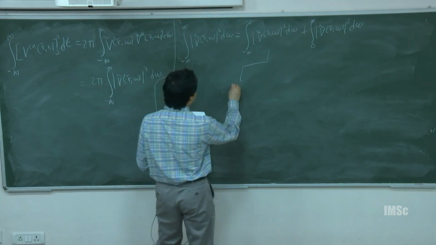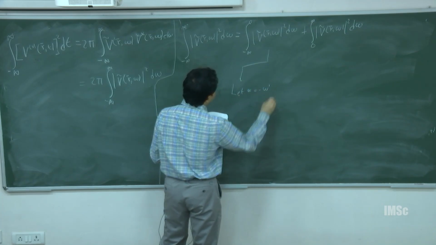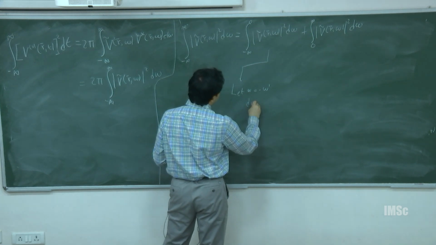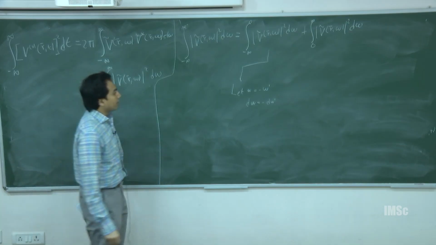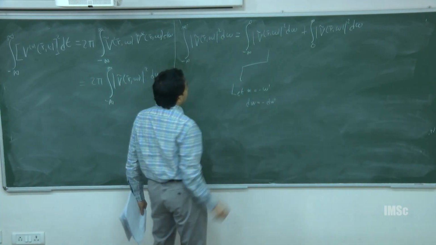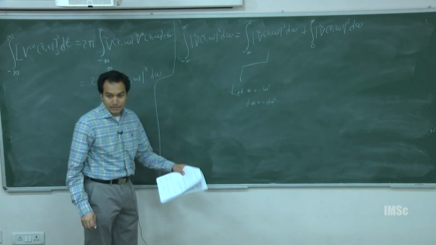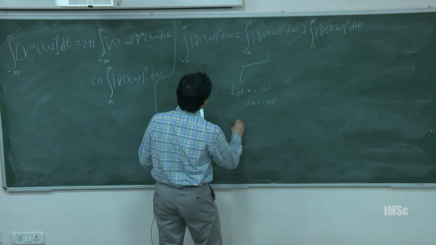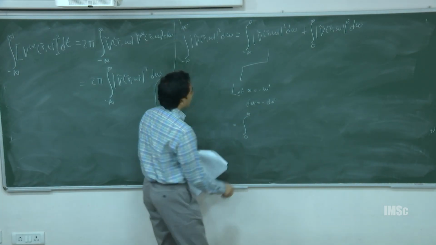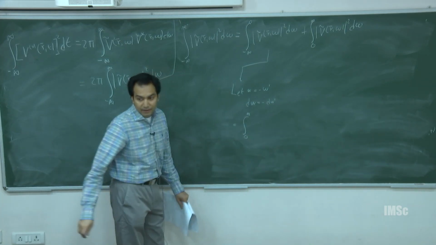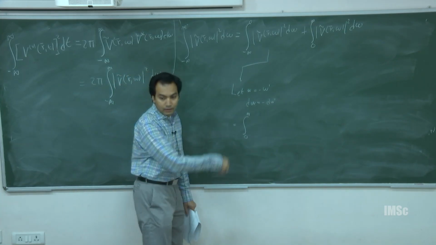Set omega equals minus omega prime, which means you have a minus d omega prime. The order of the limits will get flipped. If we want to get rid of this minus sign, we are going to just flip the limits.